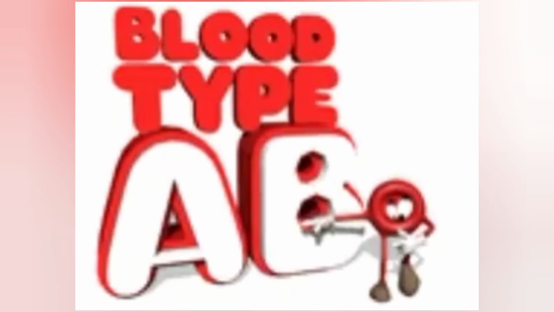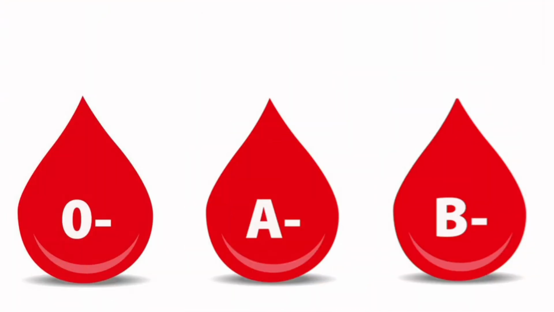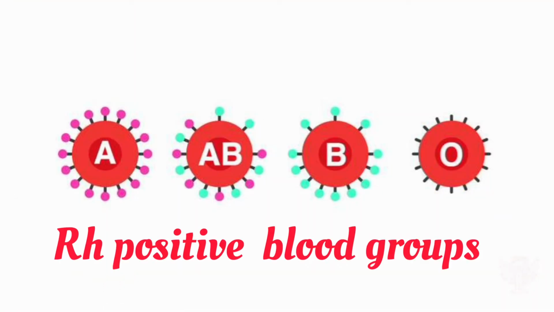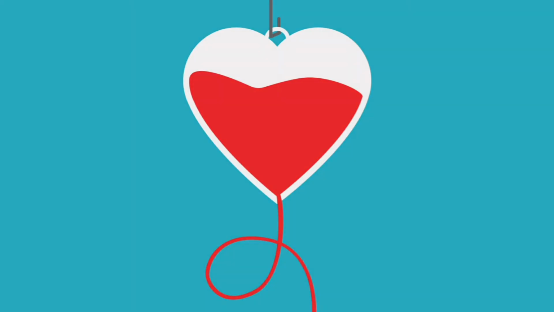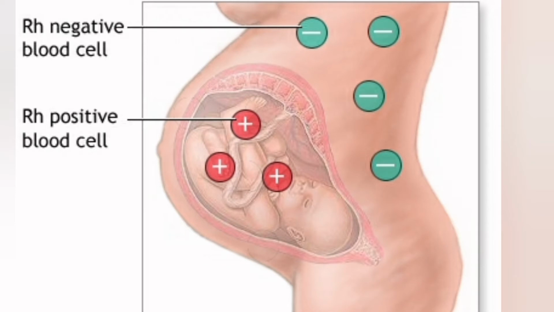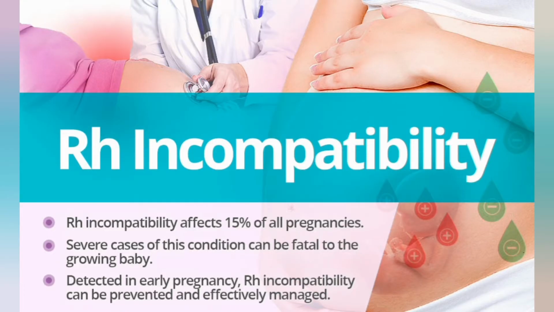An Rh negative person, if exposed to Rh positive blood, will form specific antibodies against the Rh antigen. Here, one very important technical term that you have to remember is Rh incompatibility during pregnancy.